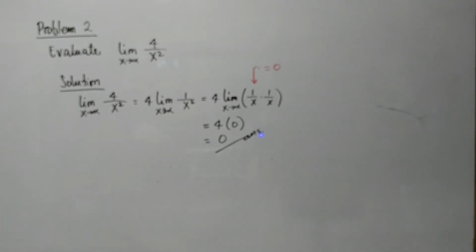So we have now the limit of 1 over x times 1 over x as x approaches infinity. Applying theorem number 10, we have now 0. So 4 times 0 equals 0.